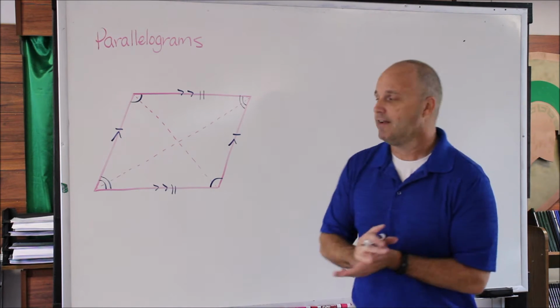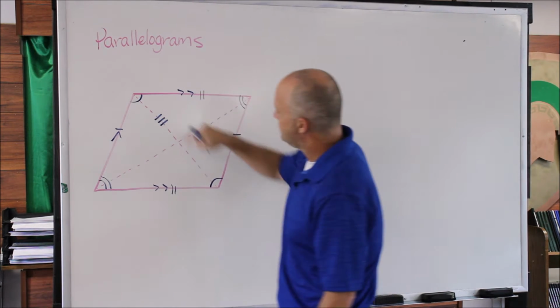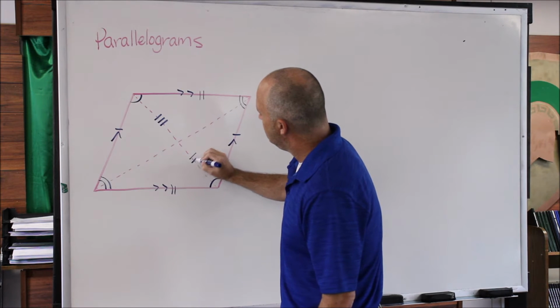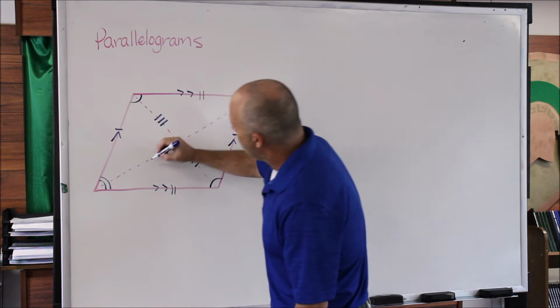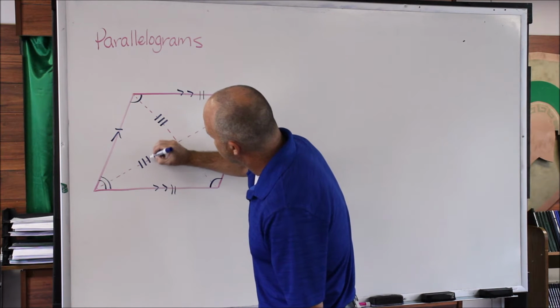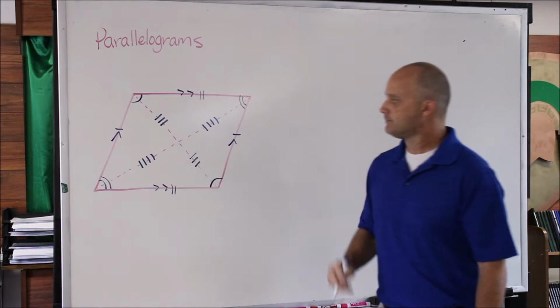So since they bisect each other, this segment of this diagonal is going to be congruent to that segment of that diagonal. We know that this segment here is going to be congruent to this segment here.